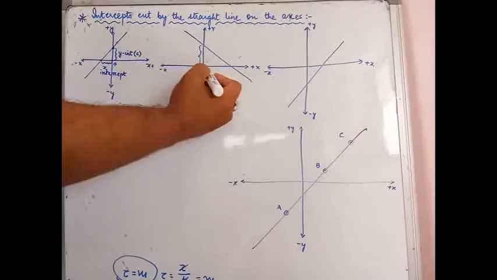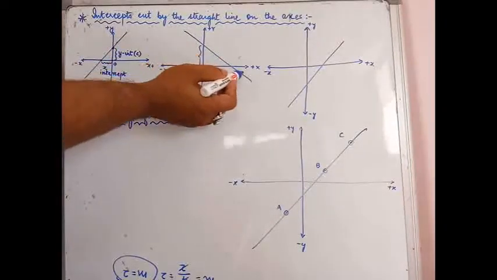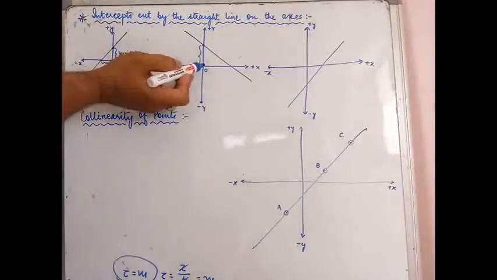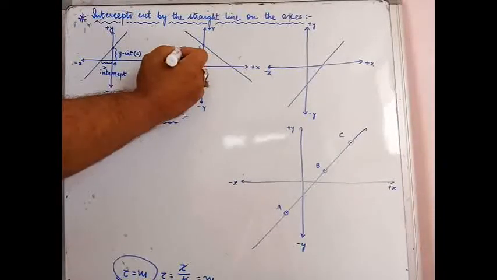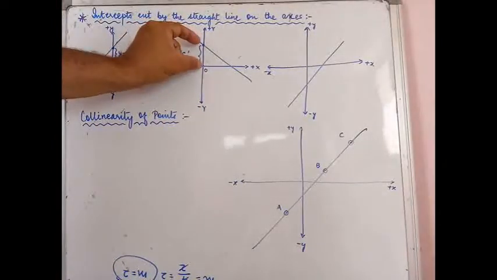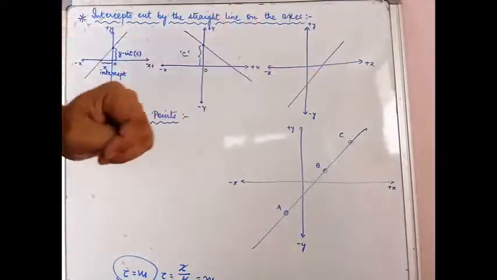So starting from the origin, as you can see, this line is cutting the y-axis at this particular point. So from origin up to this point is your y-intercept, which is known as c. So this is the y-intercept here in this case. Similarly, what will be the y-intercept in this particular case?